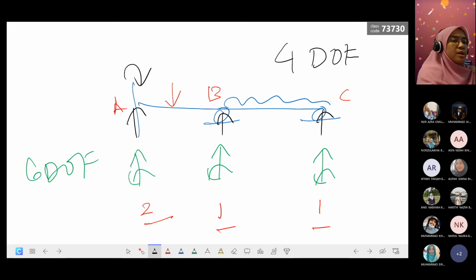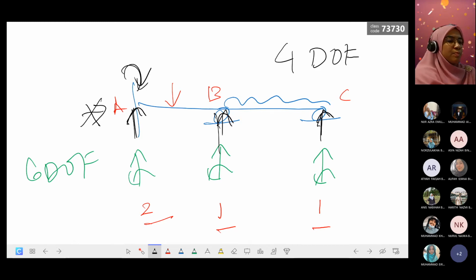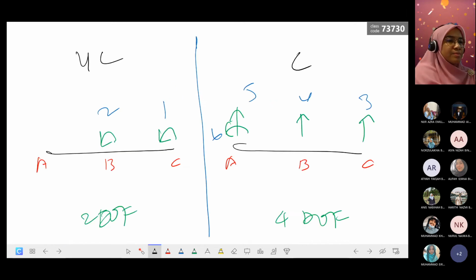Kita tengok beam conventionally bila kita draw free body diagram for beam kita akan letak sini 1, sini 1 sebab roller, sini 1, sini 1, sini Y. So ini tak count. Tinggal 4. So ada 2, 1, 1. So 2, 1, 1 ni kita nak ambil numbers only. Kita nak letak dalam ni, pada constraint. Dah complete kan 4 DOF ni baru kita masuk ke sini.